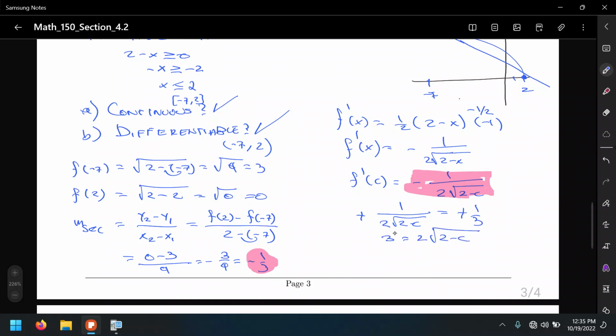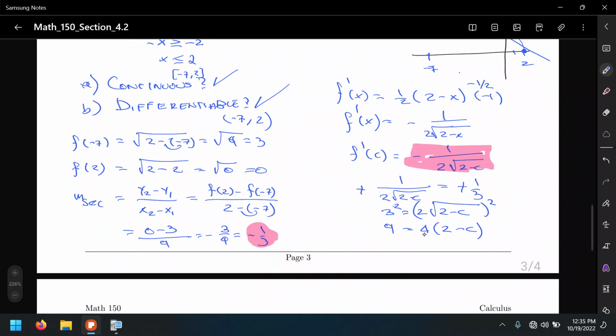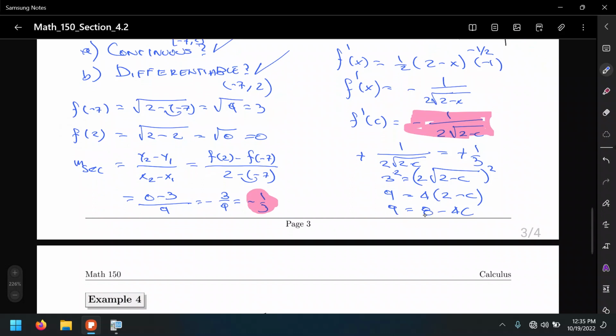And how about we square both sides to get rid of the radical? That's going to give us 9 equals 4 times 2 minus c. So 4 times 2, that's 9 equals 8 minus 4c. In this case, 9 minus 8, that's negative 4c equals 1, and c equals negative 1/4.